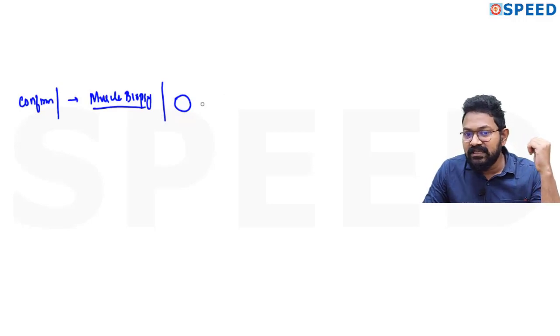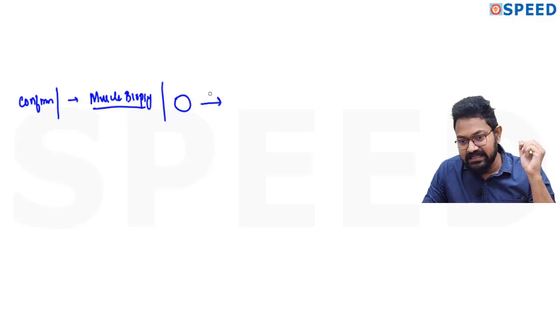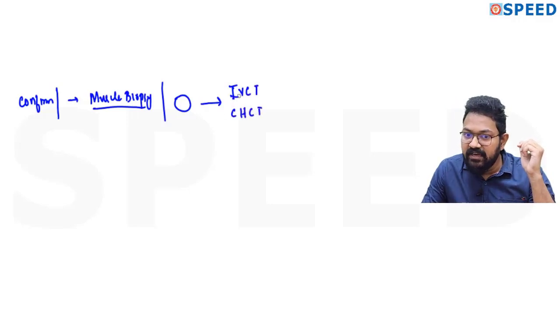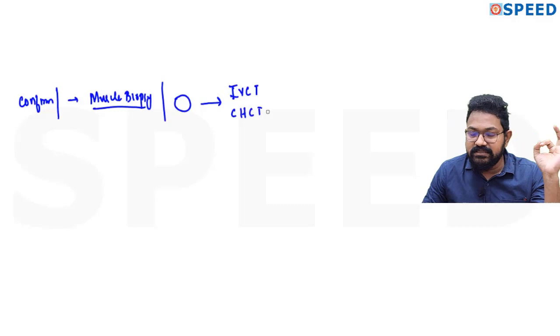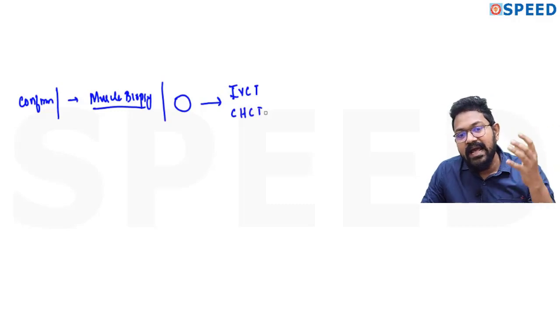So, you take the muscle and then you make the muscle undergo one specific test. That test is called the in vitro contracture test or caffeine halothane contracture test. What is this particular test? It's very simple. You take the muscle bit outside and you expose this muscle to caffeine and halothane.